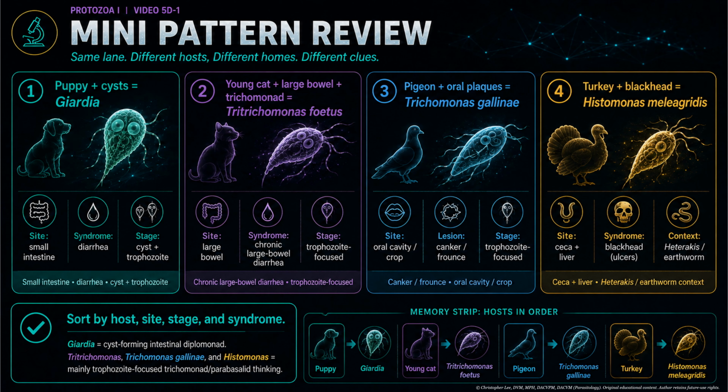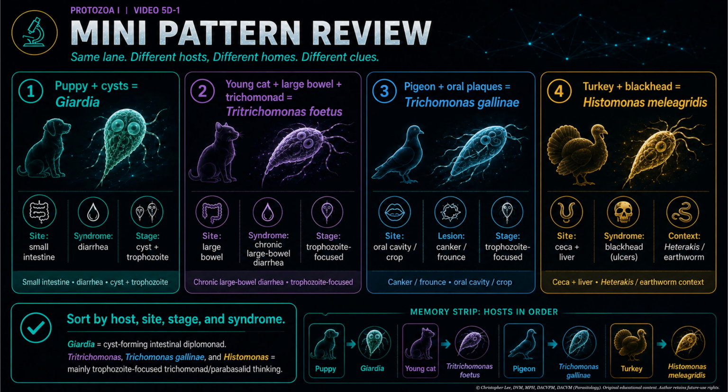A pigeon, dove, or raptor with oral or crop plaques, canker, or frounce points towards Trichomonas gallinae. A turkey with cecal and liver disease, blackhead, and Heterakis or earthworm context points towards Histomonas meleagridis.